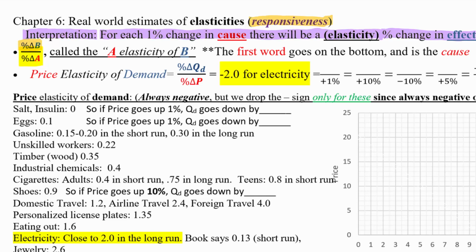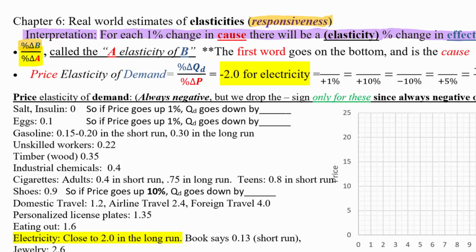Maybe the price goes up. Well, the law of demand says that when the price goes up, the quantity demanded goes down. So we know people are going to use less electricity. The question is how much less? How responsive are people to price when the price goes up or when the price goes down?